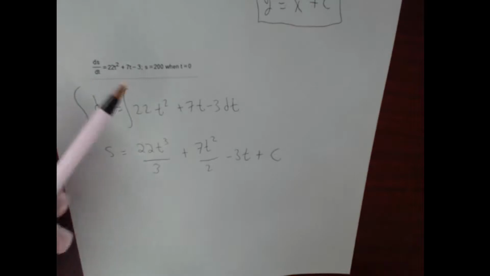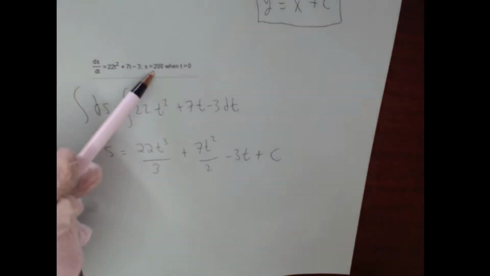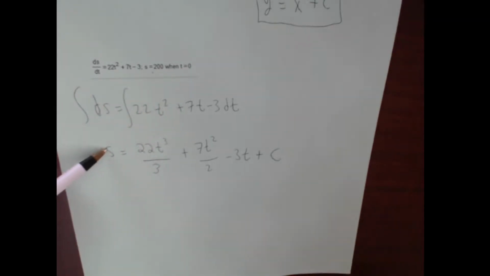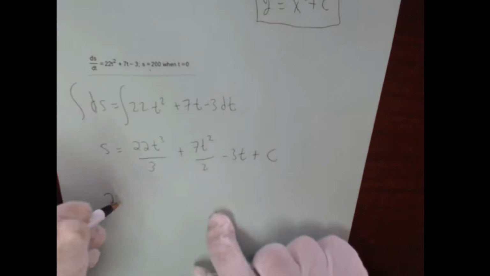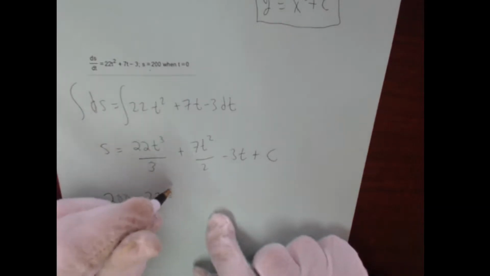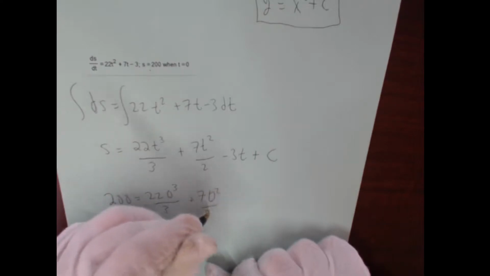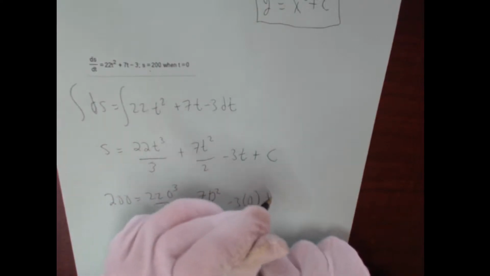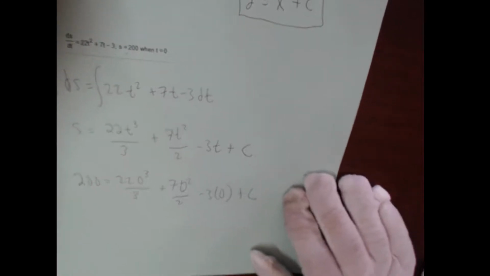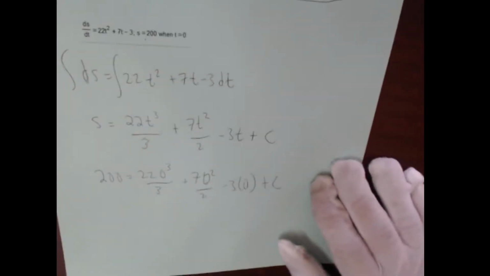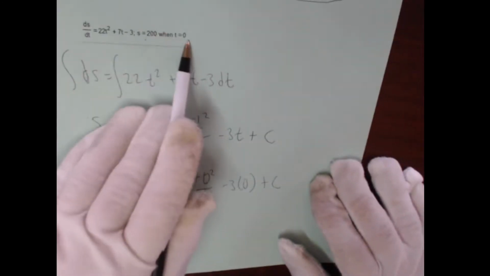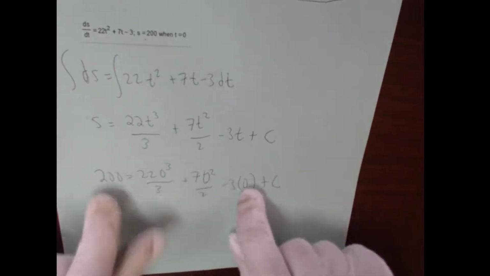Now, we have an initial condition: when t equals 0, s is equal to 200. And so that means that if I put 200 here and 0 in for everything else, I can find my initial condition. It doesn't have to be 200 and 0. If it wasn't, we would just put in different values here.